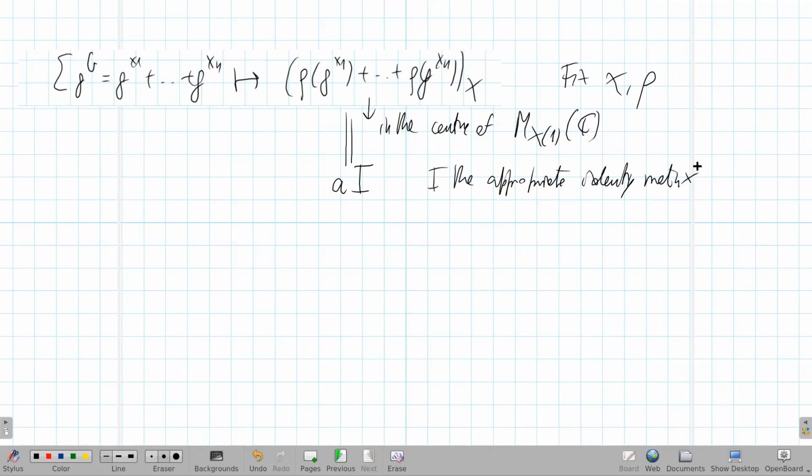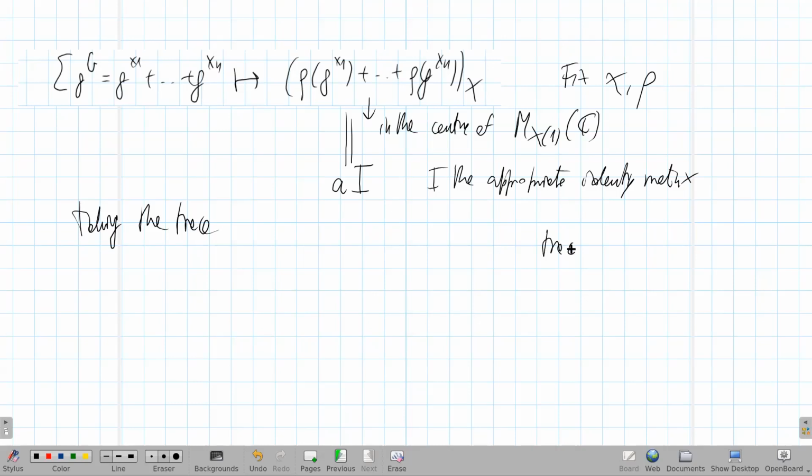And so let's review what this element is. Well, we can take the trace of both things. Taking the trace, this is a calculation we have already done, but let's do it again just to be on the safe side.